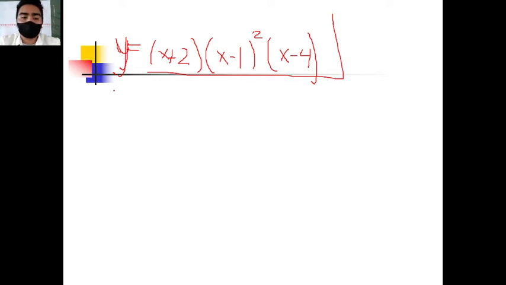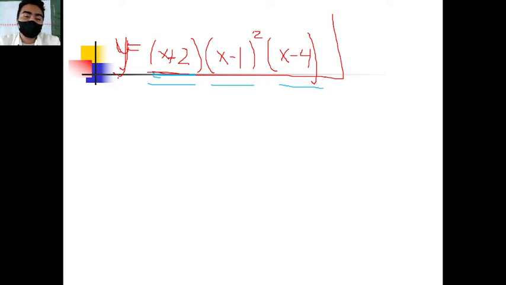We could clearly see that you have three factors. The first factor is x plus 2. The second factor is x minus 1 squared. Then the third factor is x minus 4. For these three factors, I will be asking you, what is the highest degree of the function?